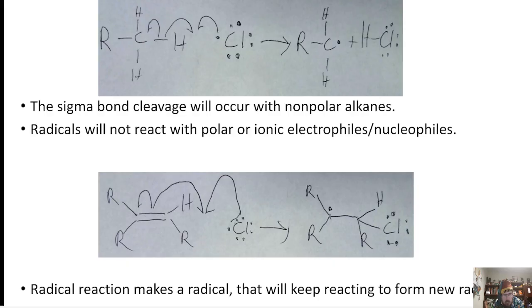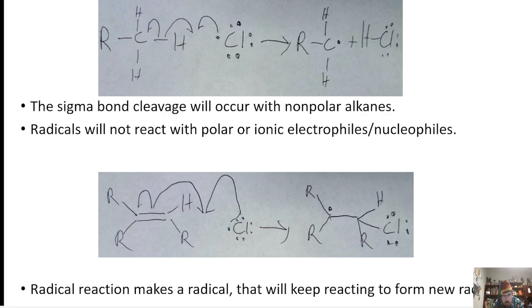So things that have a really strong attachment to their lone pairs. So here's an example of a radical reacting with a pi bond. The radical from the chlorine comes together with one of the electrons in the pi cloud and thus creates a new sigma bond, and so we have the other radical staying in that p orbital.